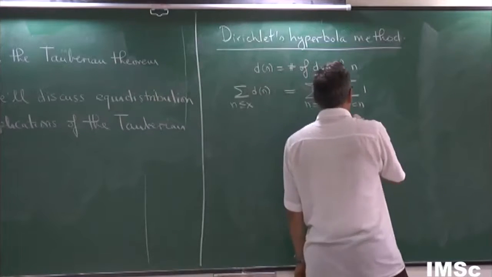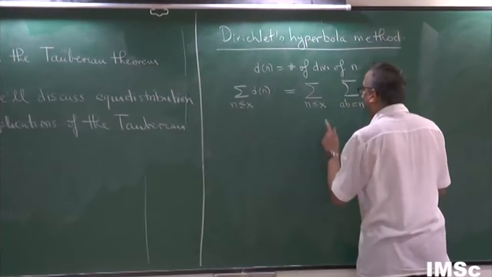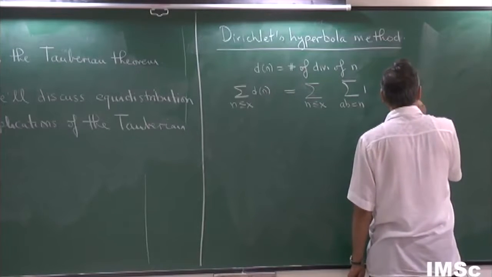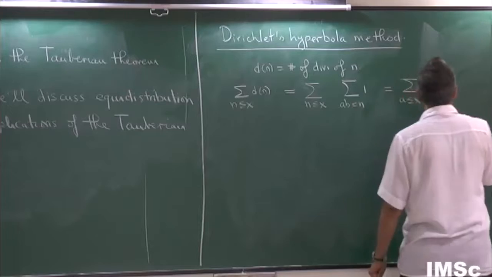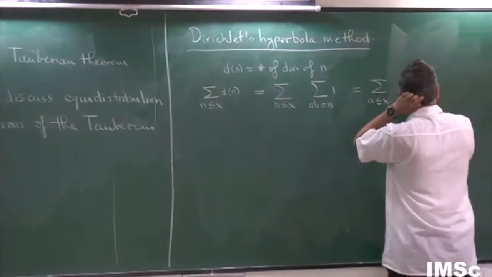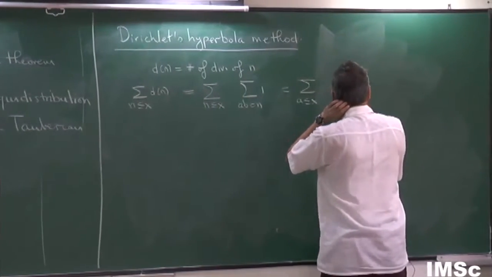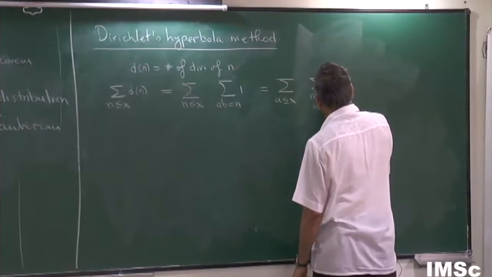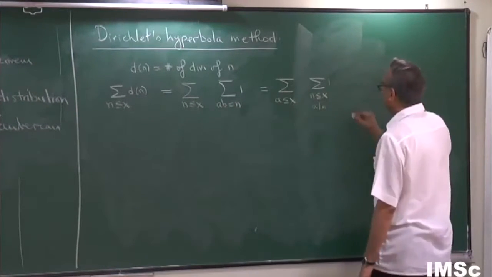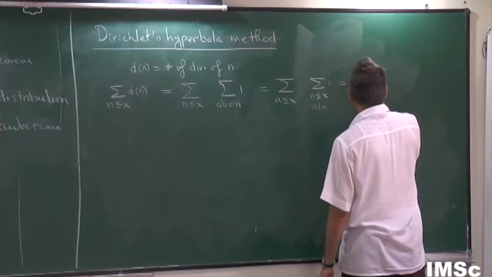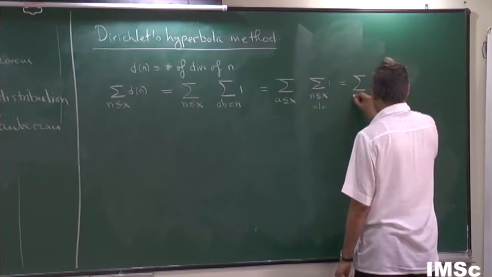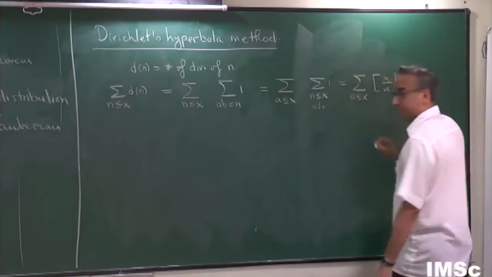And then a times b is n, and n is less than x, therefore I can rewrite this as a summation over a up to x, and inside I'm actually counting n less than x which are divisible by a, so a divides n, 1. And so this becomes the floor of x over a, summed over a less than x.